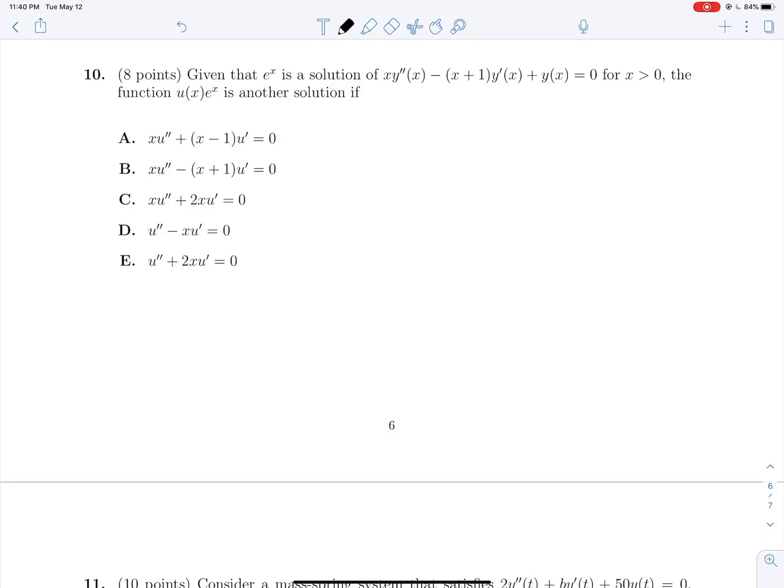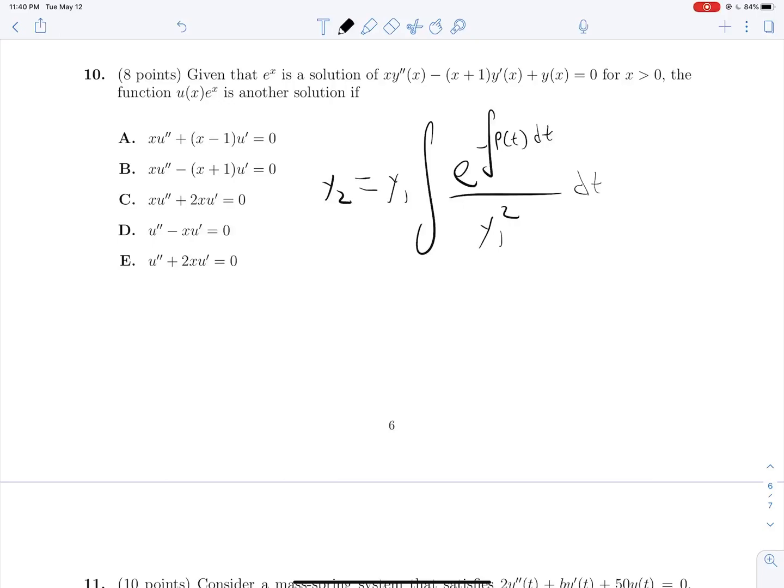the nice way to do reduction of order, if we're looking for a second solution, is y2 is equal to y1 times the integral of e to the integral of negative p of t dt all over y1 squared dt.